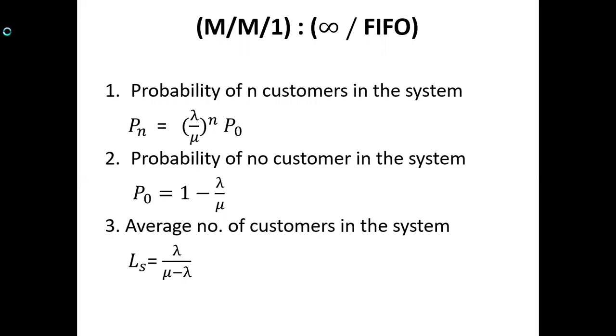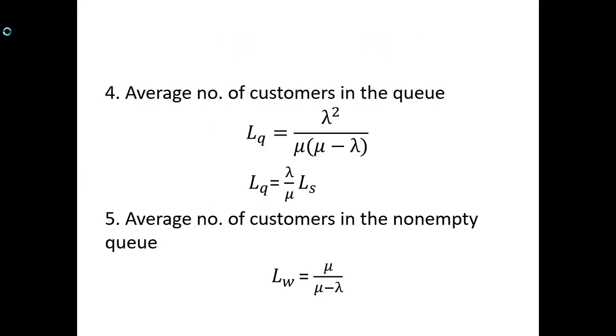Average number of customers in the system, represented as LS, length of the system, is given by lambda/(mu minus lambda). Average number of customers in the queue, LQ, representing length of the queue, is lambda squared/(mu(mu minus lambda)), which can be shortened and written as lambda/mu times LS.